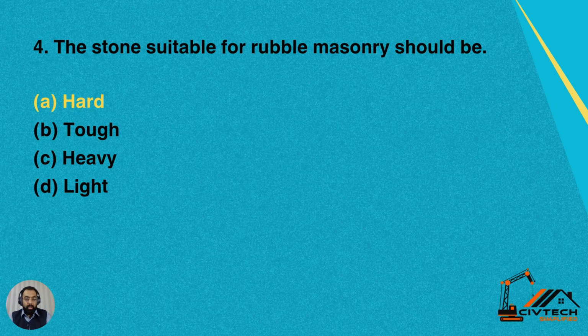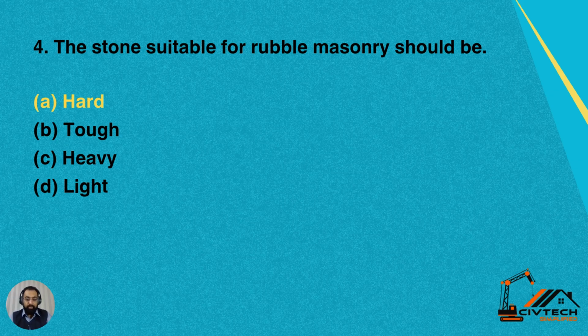Number four: the stone suitable for rubble masonry should be. Now, properties of stones are discussed in this question. In rubble masonry, which stones should be suitable? Option A, hard stone. Option B, tough stone. Option C, heavy stone. Option D, light stone.